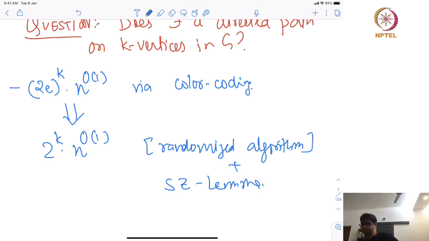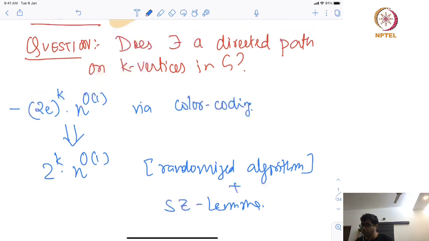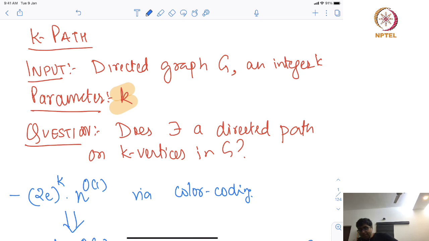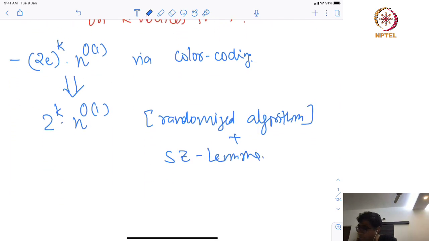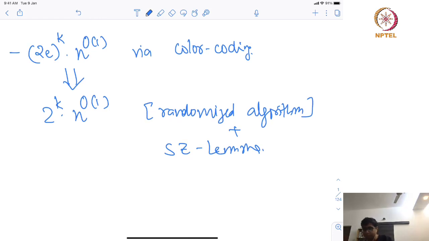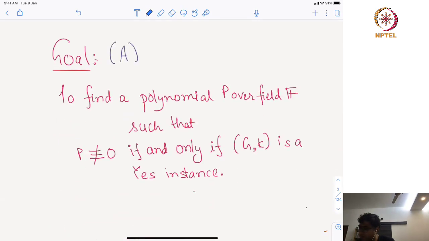So, the goal is to study the directed k-path problem in a directed graph and design a randomized algorithm for this with a much more efficient running time, and to do this we will use the Schwartz Zippel lemma. So, let us just get started.